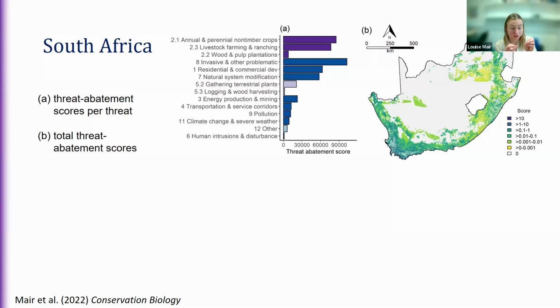And this is really refined within South Africa because we used their national land cover map, which is much more appropriate for that national context. So that's what I was talking about in terms of the different habitat maps that you can use depending on the scale of your analysis.